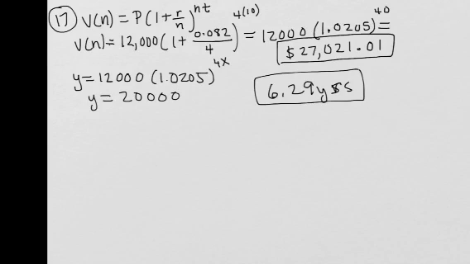So I had to put parentheses around the 4x. Because when I didn't do that, the calculator did 1.0205 to the 4th times x, so it gave me a line when I saw the graph.